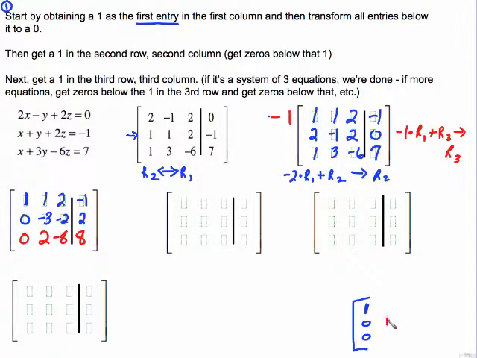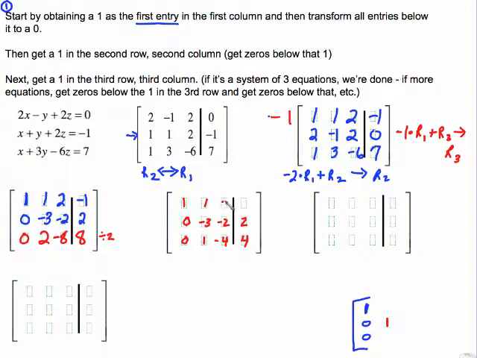Now we need a 1 in that position. And I notice this third row, even though it's not the right position, I know it would be very easy to get a 1 in that position right there by dividing that whole row by 2 and write it as 0, 1, -4, 4. And I'm just going to leave everything else unchanged. I try to just do one thing at a time so you don't get lost.